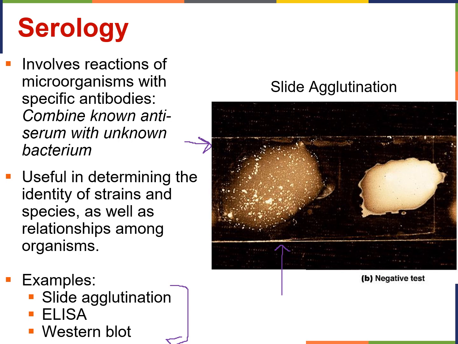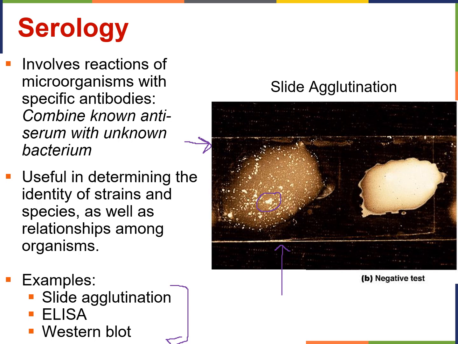They are going to bind together and form precipitation. So you see those clumps of white? That is agglutination. Those clumps mean that there was a reaction between antigen and antibody. So whatever antibody you added to that patient sample, that's the illness or the disease that they have.